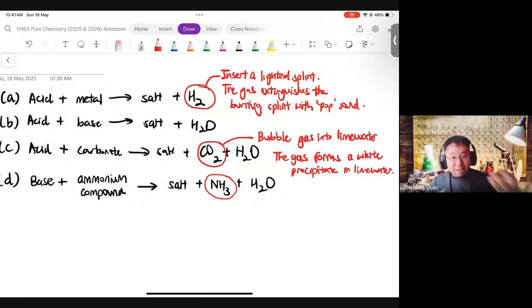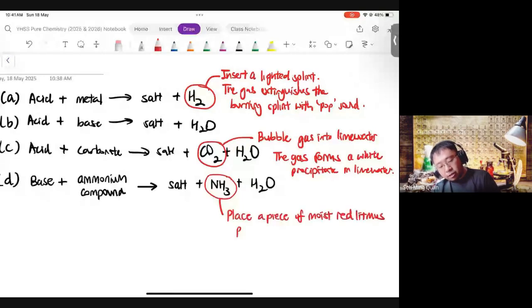Okay. Next one, ammonia. Ammonia gas is NH3. So you got to remember, ammonia gas is an alkali when dissolved in water, right? So ammonia gas being alkaline when it dissolves in water, the best thing to do is to place a piece of moist red litmus paper at the mouth of the test tube, assuming that you use a test tube.